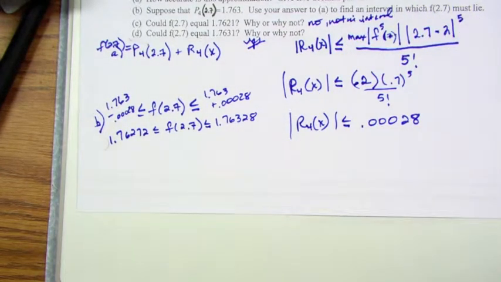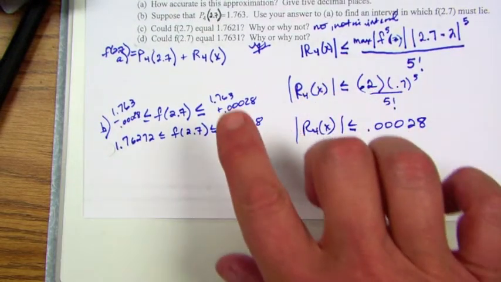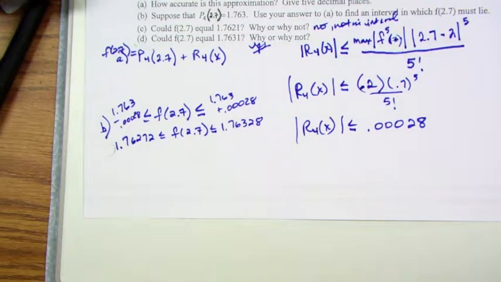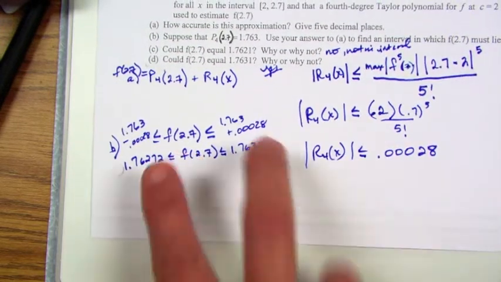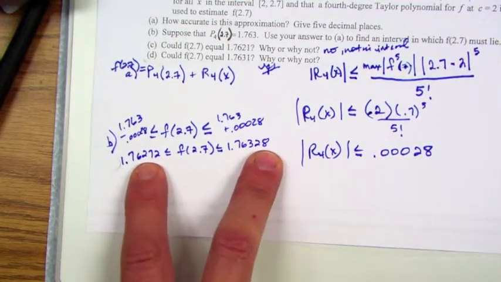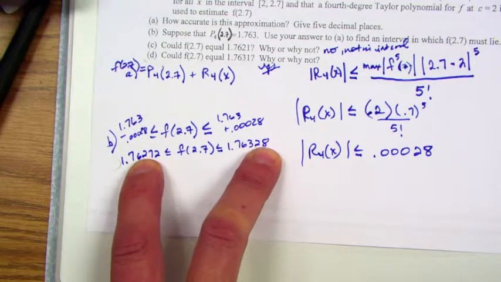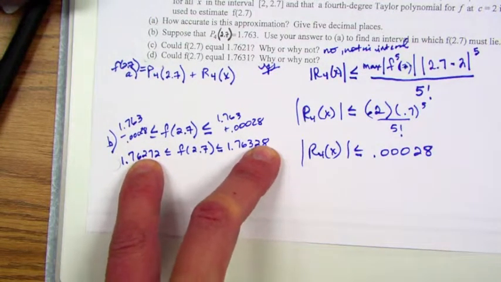Yes, Michael? I keep wanting to look at it as a graph. Is this talking about the y value? Yes, it is the y values. These are the y values when x is 2.7. So when x is 2.7, the y value has to lie between those two numbers.